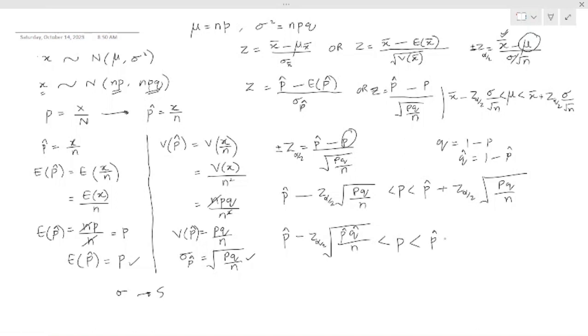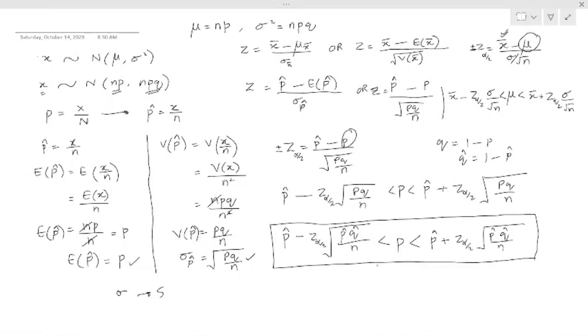This is how we can derive the formula, and this formula would help us to estimate the 1 minus alpha percent confidence interval.